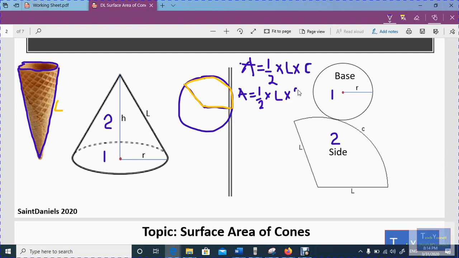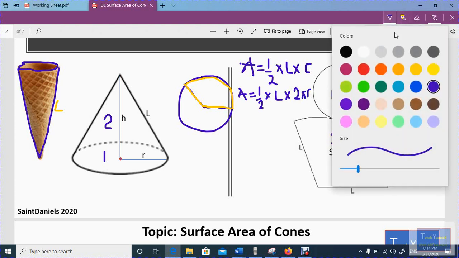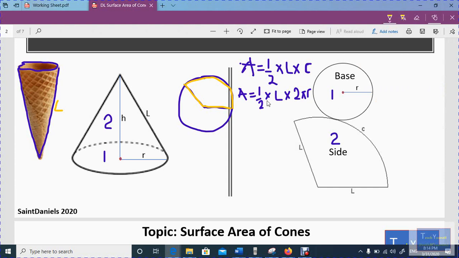We established that the circumference of a circle is 2 pi r. So these two cancel out, and we are left with area equals L times pi times r, which we can write as pi r L. Please take note of this. This is the area of the side of the cone.